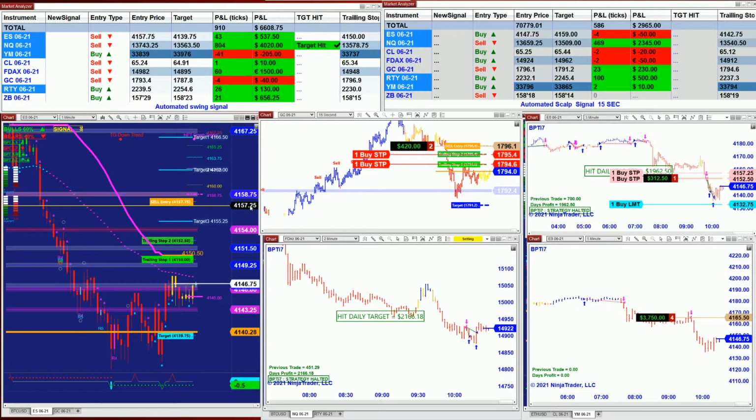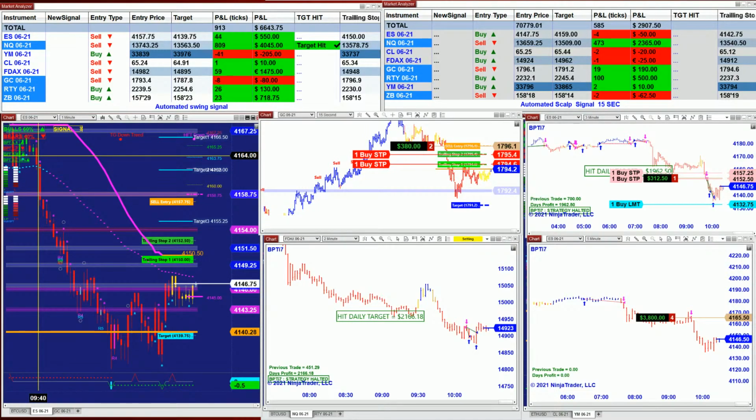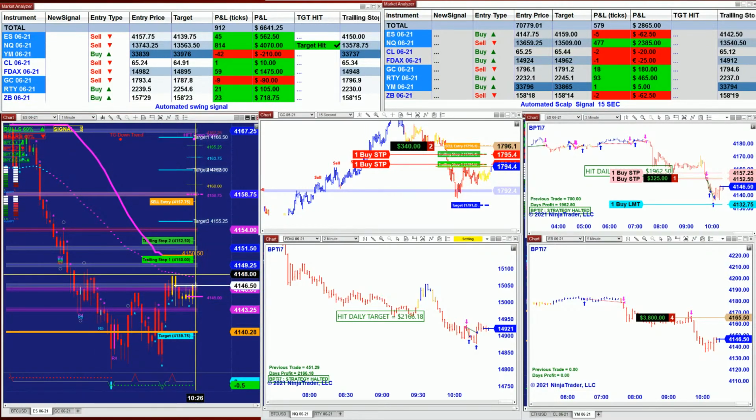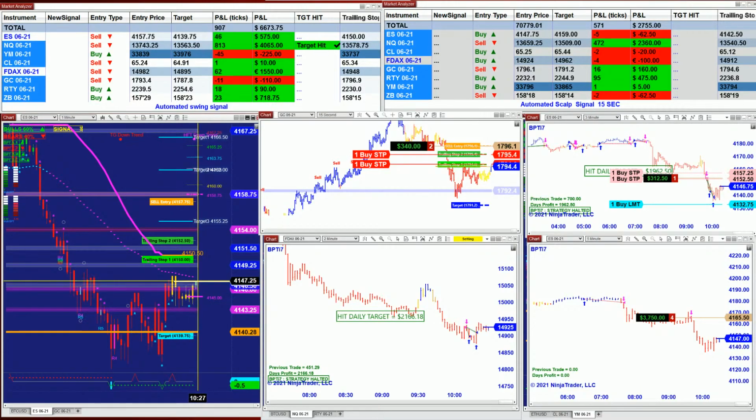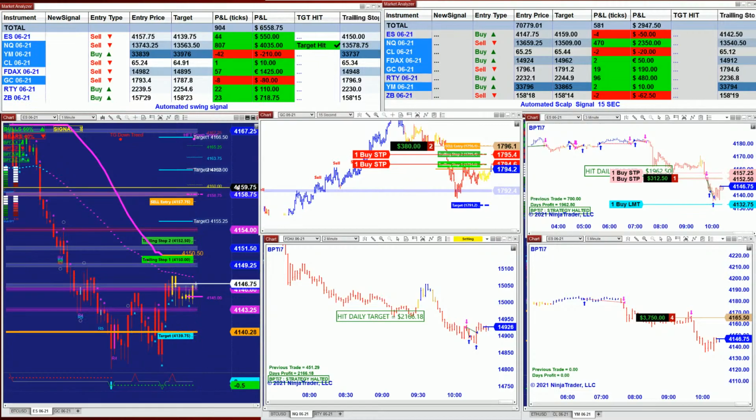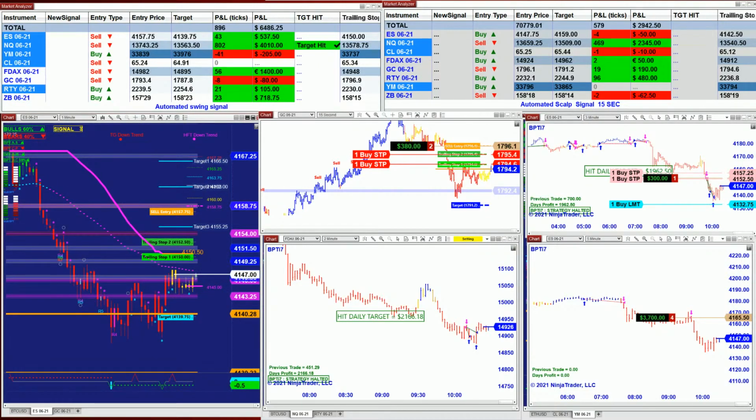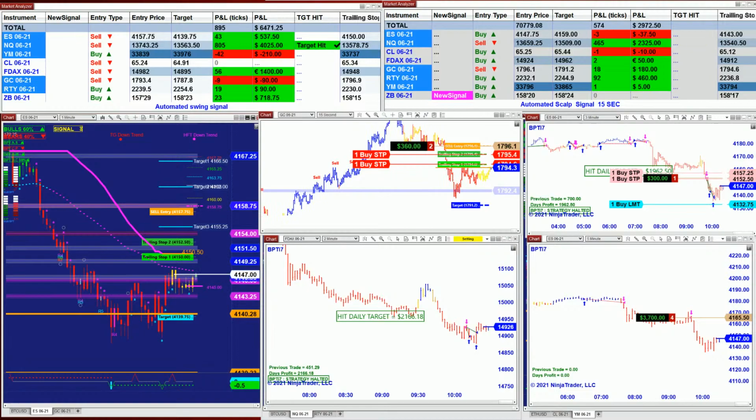Okay, after this beautiful trend this morning, the market is just sitting right there, and there is not much movement, so we're waiting on a nice move. And I hope we're going to stay below 41.50.